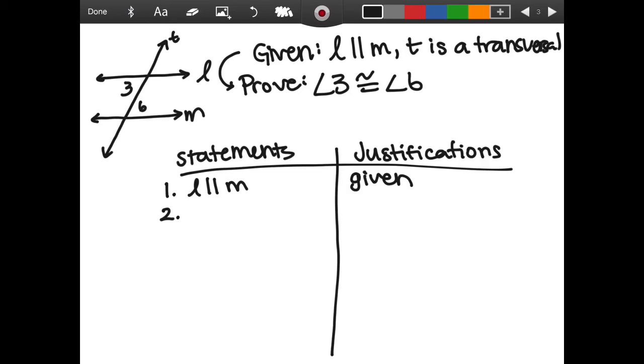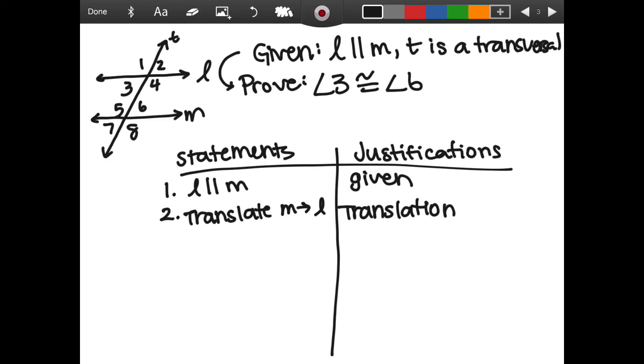The second thing I can do is translate M to L. I'm just going to make some more angles here so that I can talk about them later. But I'm allowed to translate M to L because of the translation postulate. The third thing I'm going to do is, now I know that since I've translated, angle 6 maps to angle 2 because of the properties of a translation.